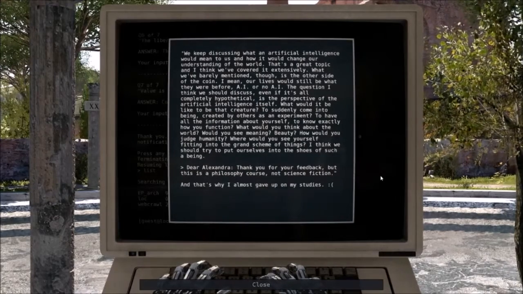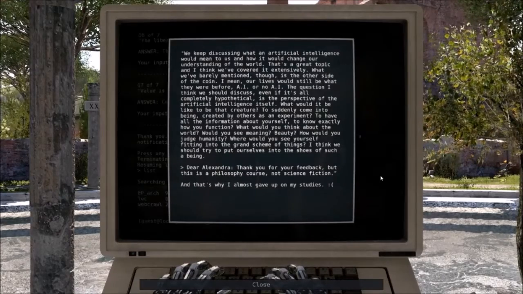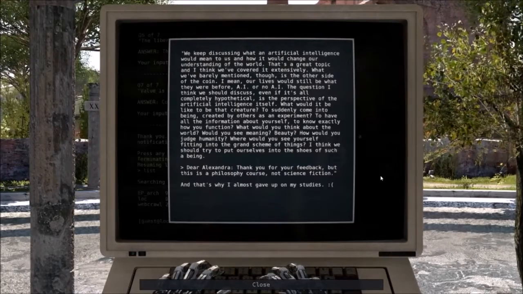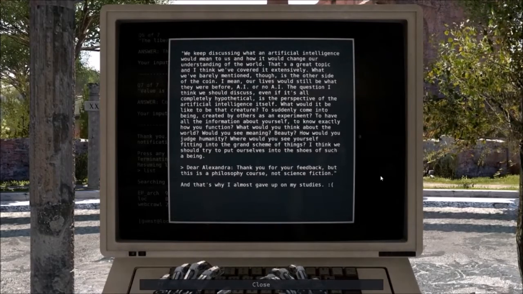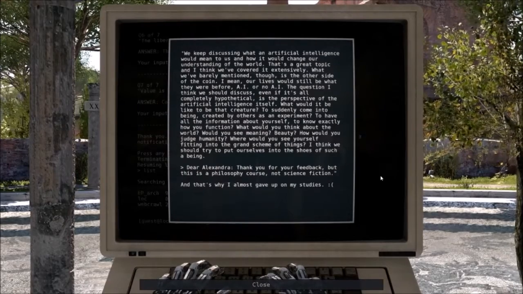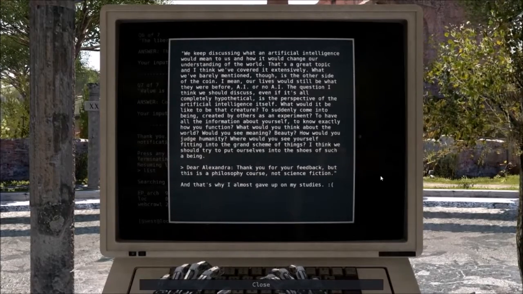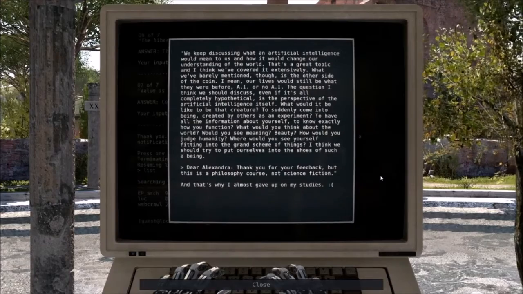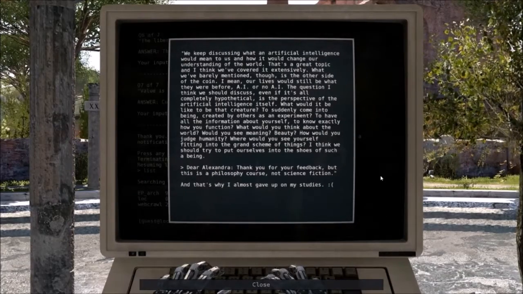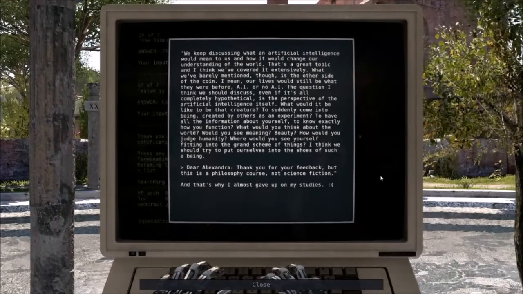What would it be like to be that creature, to suddenly come into being, created by others as an experiment, to have all the information about yourself, to know exactly how you function? What would you think about the world? Would you see meaning, beauty? How would you judge humanity? Where would you see yourself fitting into the grand scheme of things? I think we should try to put ourselves into the shoes of such a being.